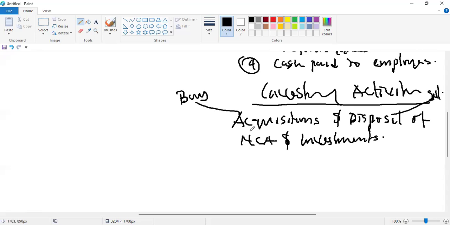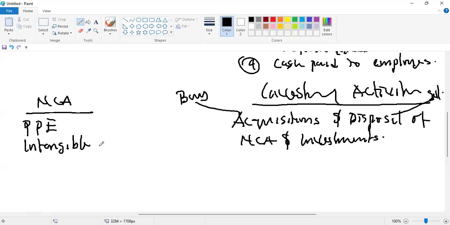Now, based on this definition, for example, let me ask you, class, in the non-current assets, they report PPE, and they also report intangible assets.